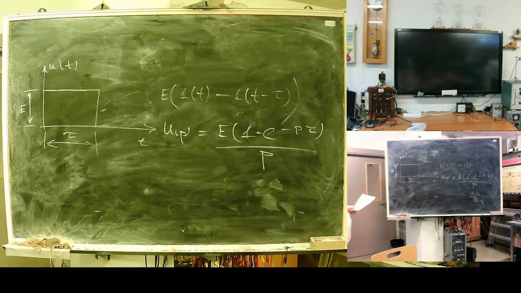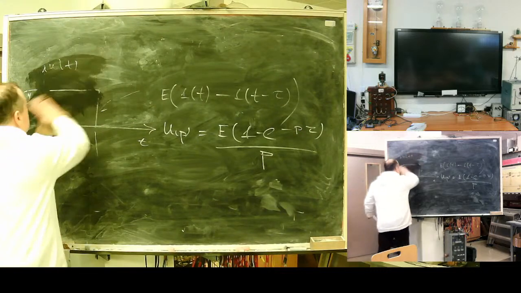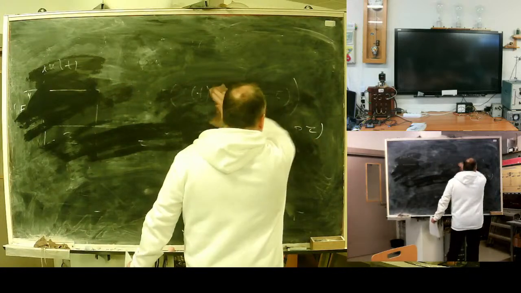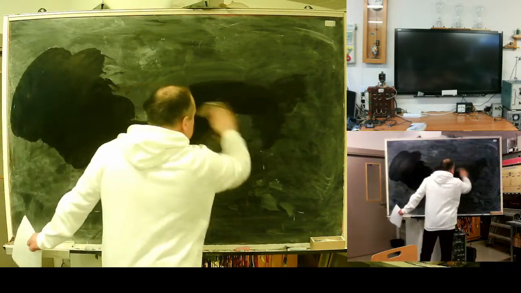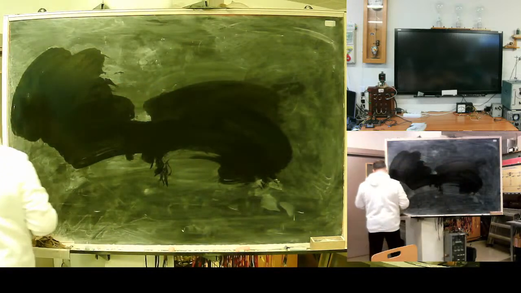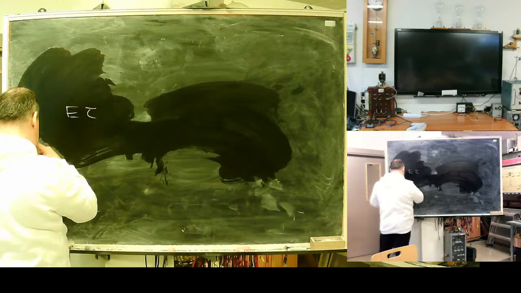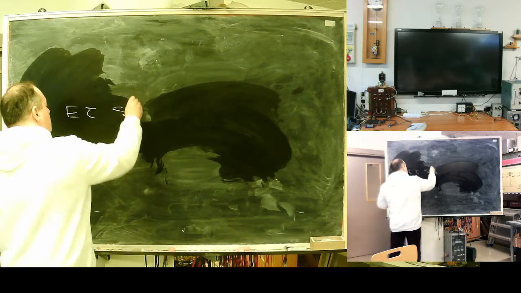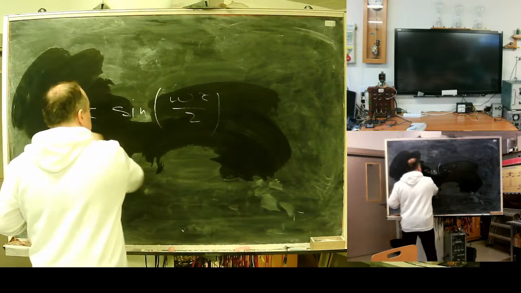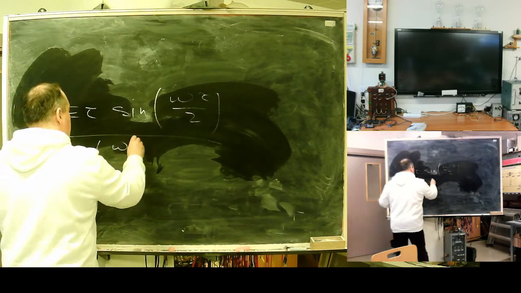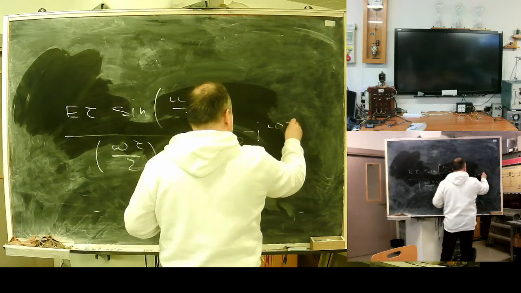But its spectral function is quite tricky. You can obtain its spectral function, and it will be E tau multiplied by sine of omega tau by half divided by omega tau by half and multiplied by e to the power minus j omega tau by half.